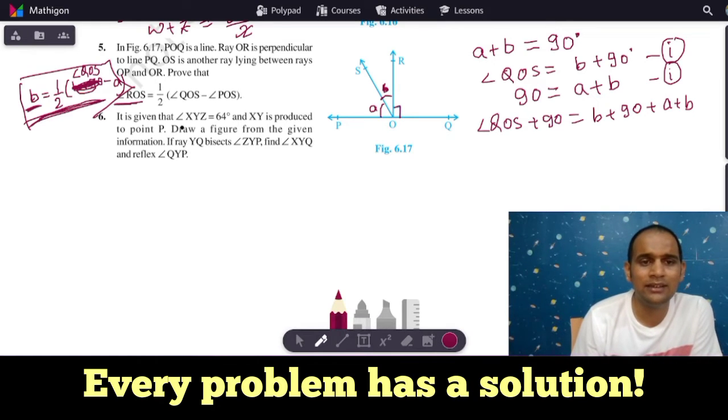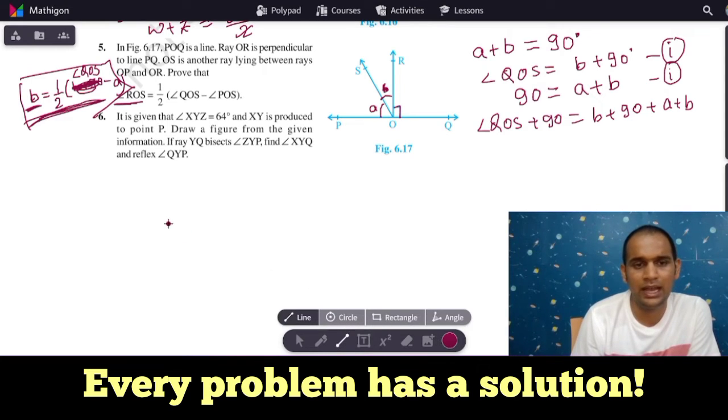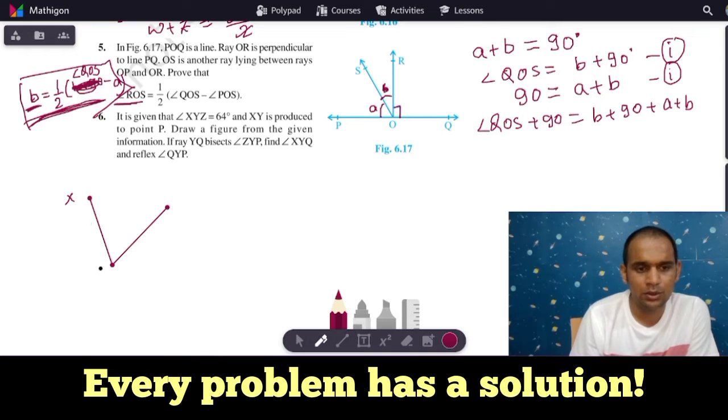So over here it's given that XYZ is equal to 64 degrees. So over here we have an angle which is XYZ. I will name it XYZ. This angle is 64 degrees.